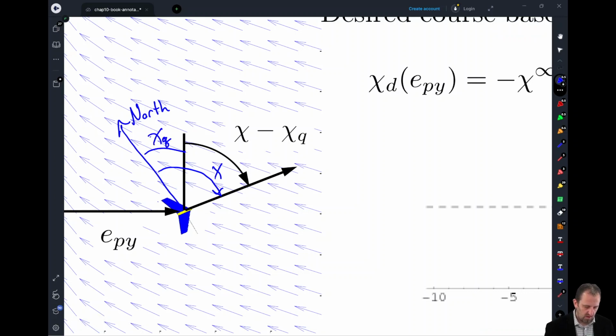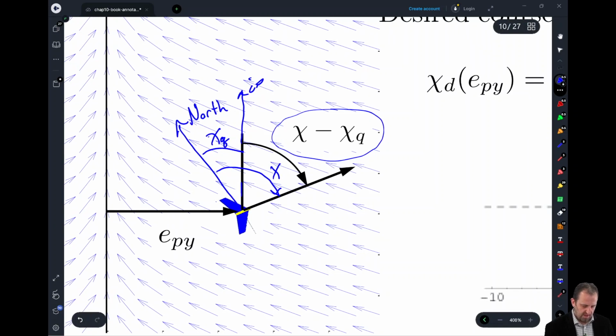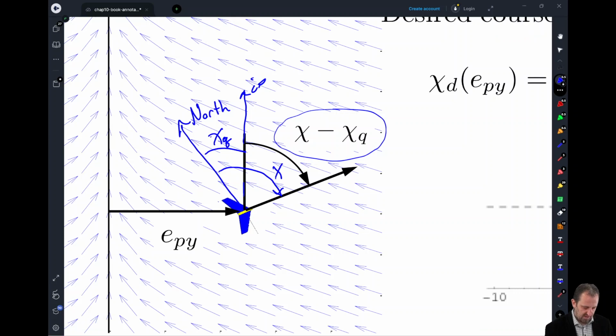So we're saying that now we've aligned this guy right here, remember, is IP. And we can now define this angle as just χ minus χ_q. So that's where our aircraft is. The error we're trying to minimize is right here. So this is now just defined as EPY, which we defined in the previous slide.